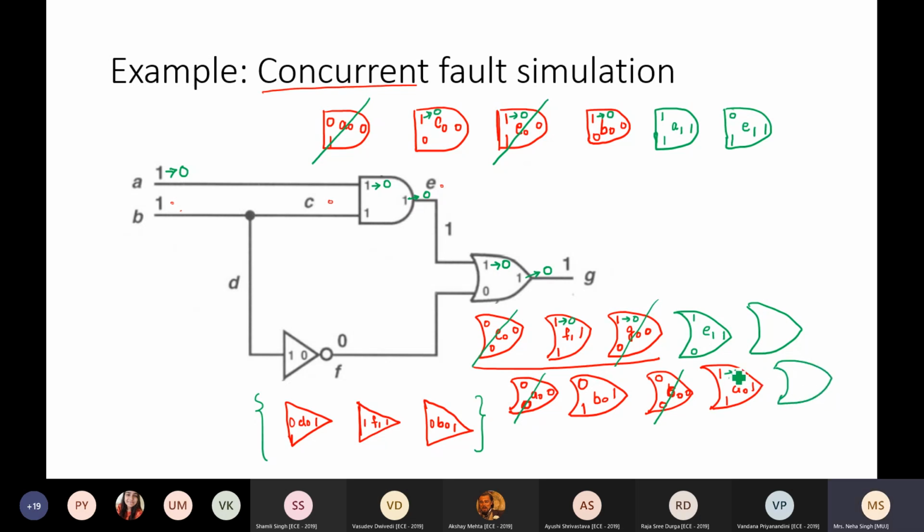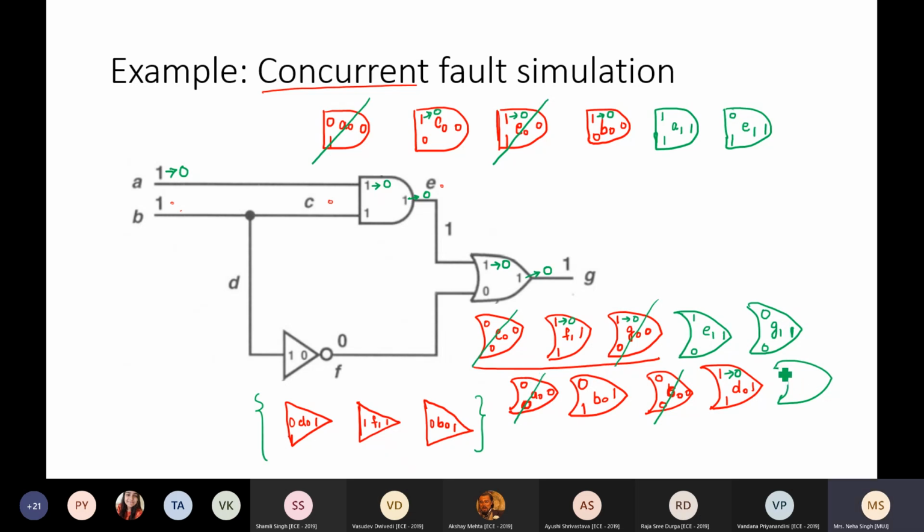Any idea? G has changed, from 1 to 0, so the fault list of G will change. So G naught we removed because now the good value is 0, so the fault will be considered as G1. Okay, what will happen at G1? Input is 0 0, output is 1.